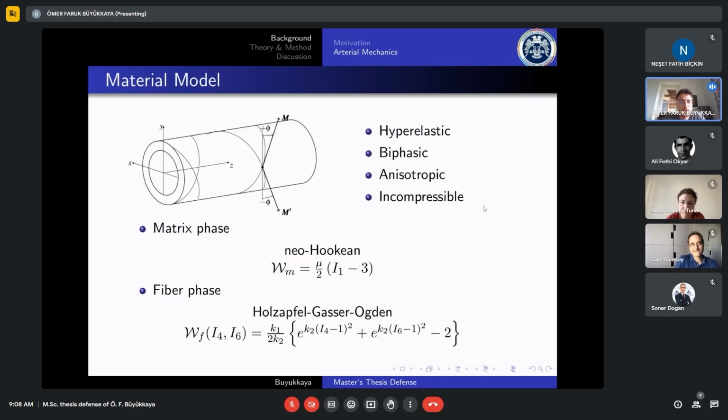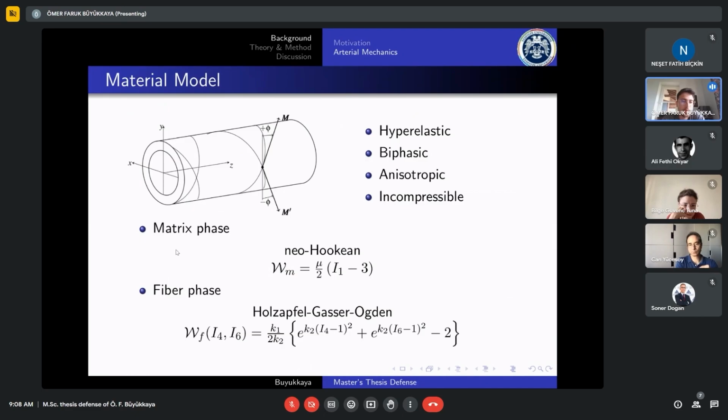In order to connect the loadings and the deformation that the artery experiences, we need a material model, a stiffness. We prefer a hyperelastic, biphasic, anisotropic, and incompressible material. In hyperelasticity, materials are defined with so-called strain energy density functions, as seen here.